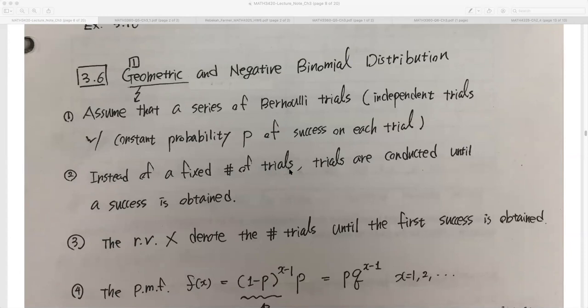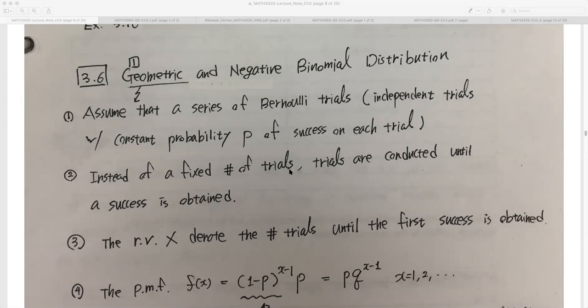Keep in mind, in binomial distributions, the random variable x represents the number of successes, and the total number of trials is fixed. But in the geometric distribution, the total number of trials is not fixed. Instead, trials are conducted until a first success is obtained.